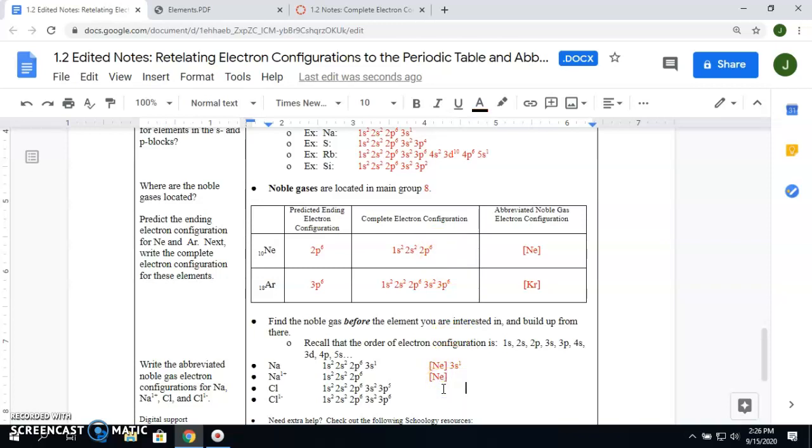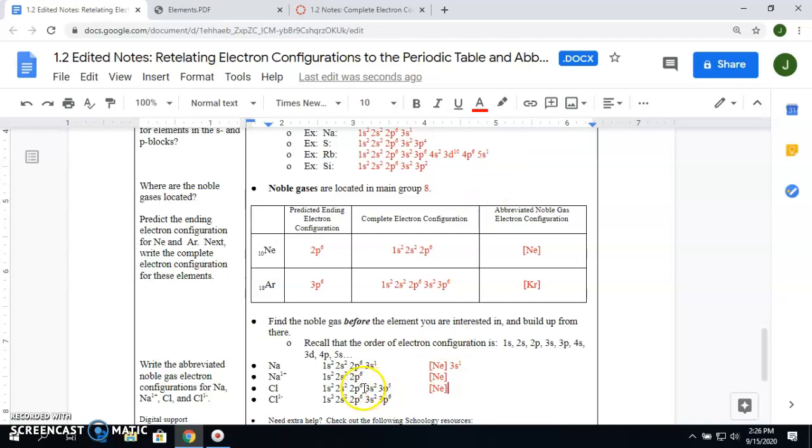Okay. Try some substitution for chlorine. Now chlorine has 17 electrons. You can see it ends in 3p5, and the sum of the exponents adds up to 17. Well, bracket argon would mean the first 18 electrons, so we can't use argon yet. We've got to use bracket neon, and then we've got to continue on from there.